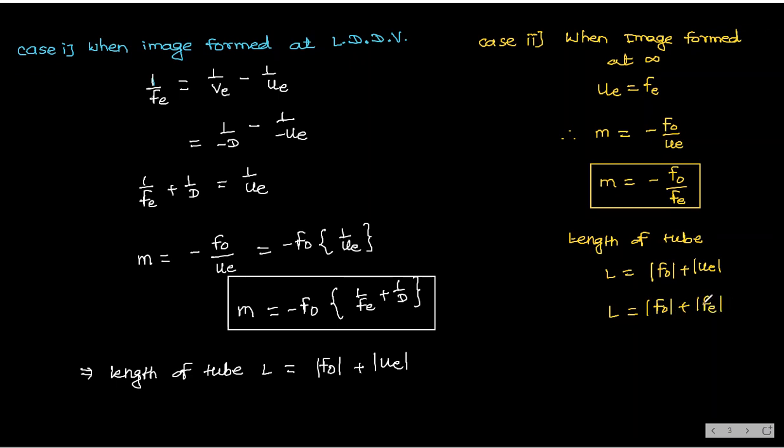This is the length of tube. This is just the addition of the two focal lengths of the lenses which we have used in astronomical telescopes. Is that clear?